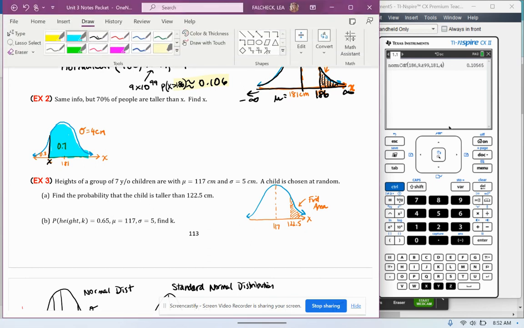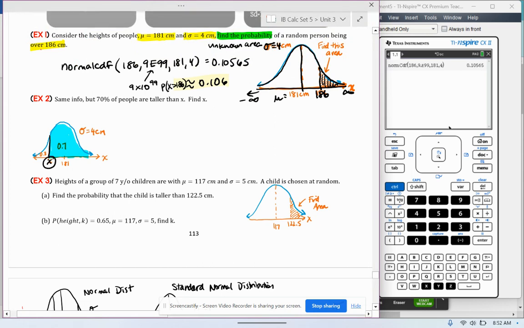So if we are finding an unknown data point here, but we have a known area, remember known area is going to be inverse norm, and you can remember that with known and norm. So we're going to be using the inverse norm function on our calculator. It's going to ask you the area from the left.